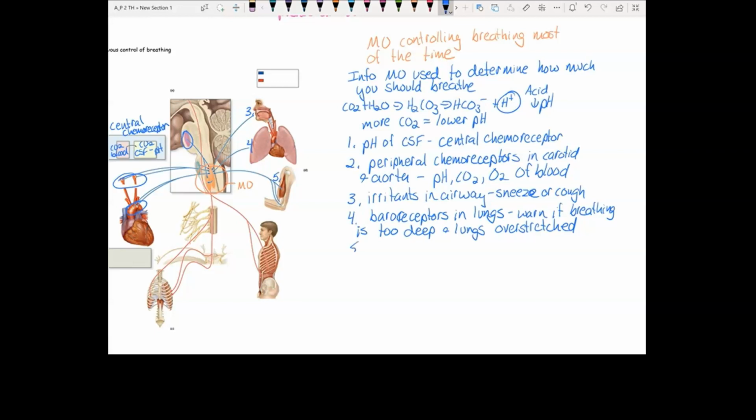And the fifth one here is proprioceptors in your muscles and joints. Okay, these you may recall we covered them before. They detect movement and body position.